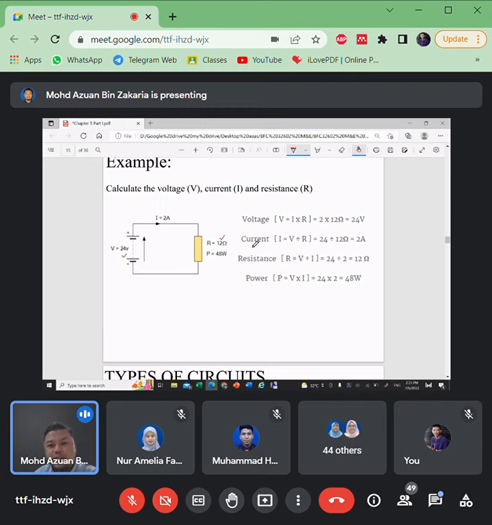So the current, we just divide V over R, so we get 2 ampere. Meanwhile, if we check resistance, 24 divided by 2, it means 12. We get 12 ohm. And power means we multiply voltage by current, which is 24 multiplied by 2, it is 48. So straightforward, you can use this.